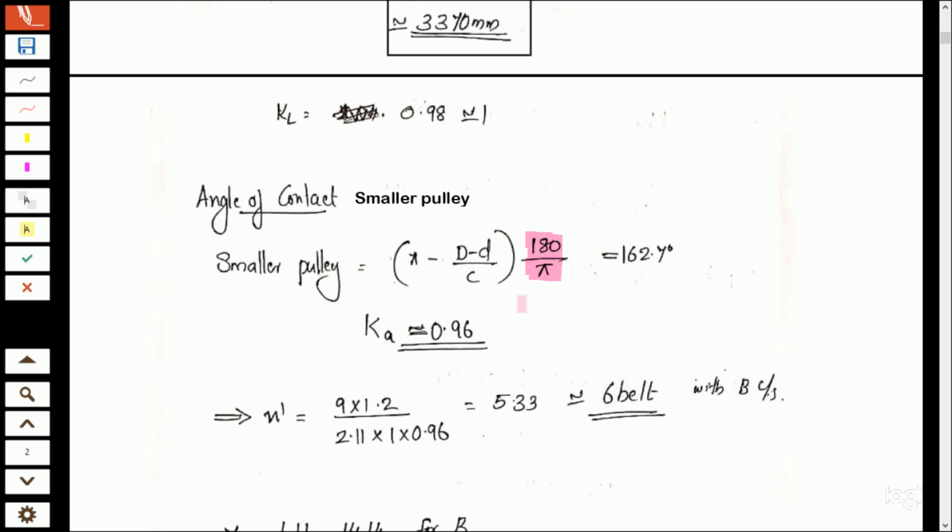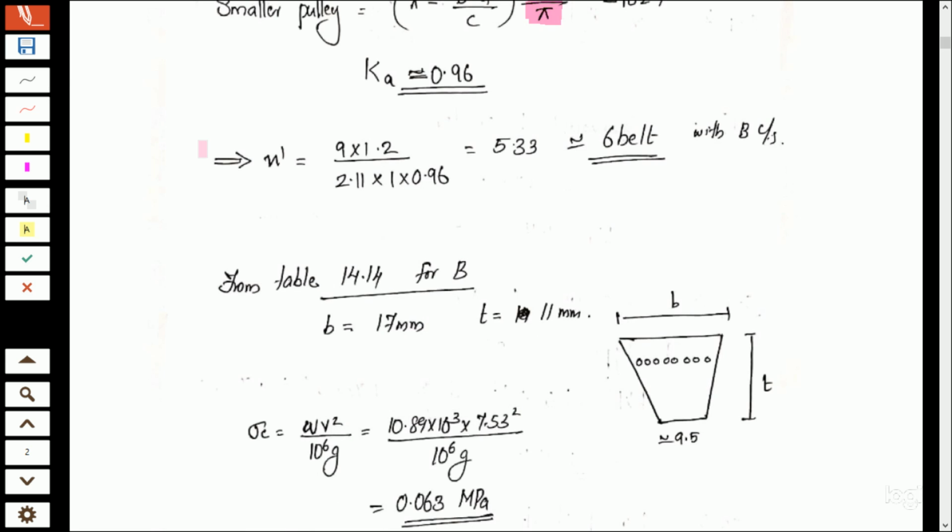Okay, so the KA value is obtained here, and upon substitution, the n dash value I am going to get is 5.33, and approximately it is equal to 6 belts, because you cannot have 5.33 belts. Either it has to be 5 or it has to be 6. Anyway, we will be going for the higher value.